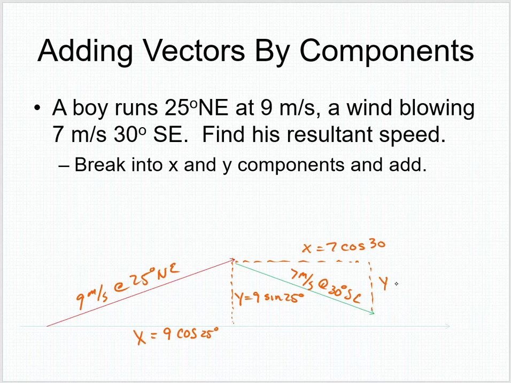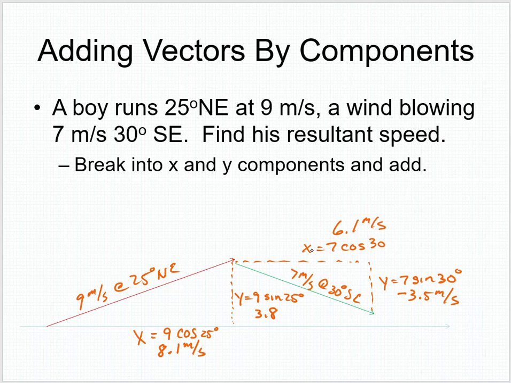And this is going to be y equals 7 sine of 30 degrees. So I've broken these all up into their x and y components, punched them in my calculator, and now I'm just going to add the ones that are the same.